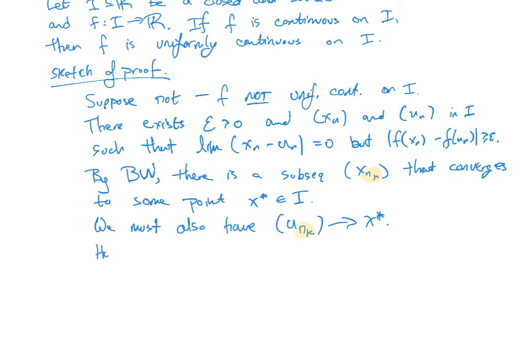However, the distance between f of x_{n_k} and f of u_{n_k} is at least epsilon for every k.